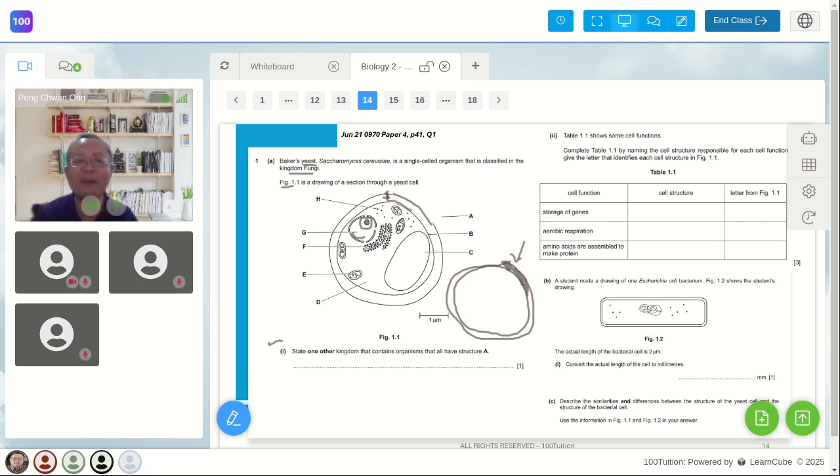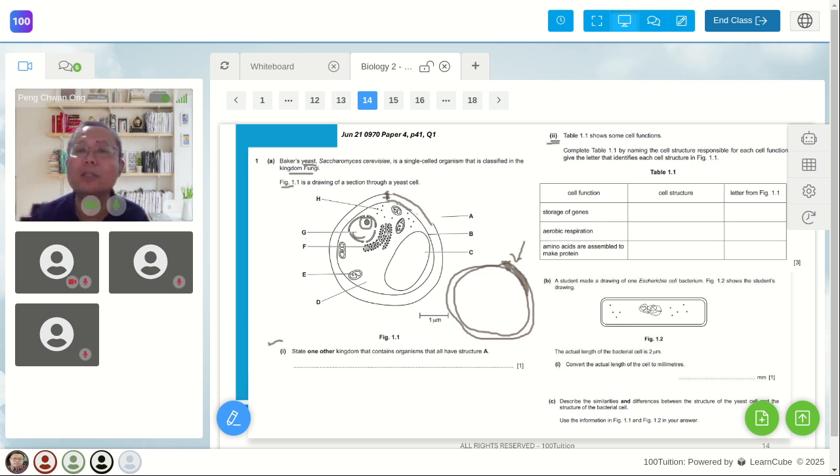Remember, we learned five kingdoms: animal kingdom, plants, fungi, prokaryotes, and the protoctists. Yes, prokaryotes. Okay, good. Let's continue to part 2, question 2.